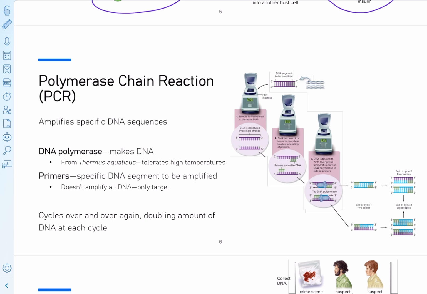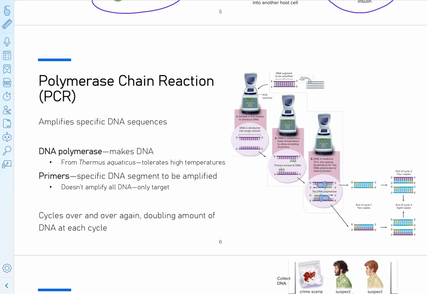So we have an enzyme called DNA polymerase, and this is coming from a bacterium called Thermus aquaticus. And this enzyme is going to be responsible for copying the DNA, even at high temperatures. Because this DNA polymerase is coming from Thermus aquaticus, a heat-loving bacterium, it won't denature and it won't stop working at these high temperature levels.